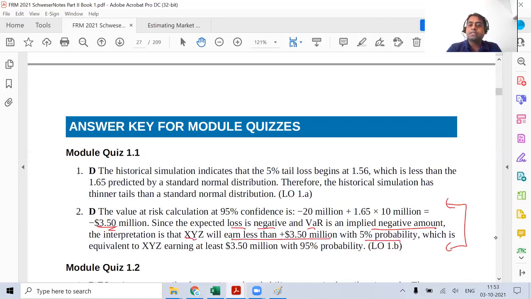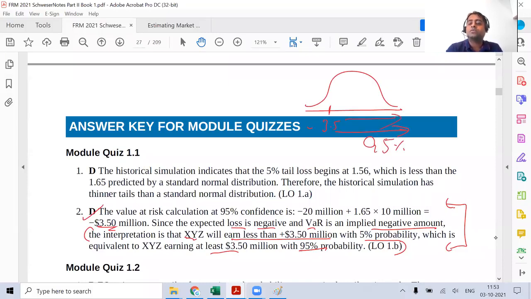Okay. So these two lines are very complicated. They have just not written it in a proper way. But the answer is D, primarily because 95% of the time it is going to be at least $3.5 million earning and greater. Because if you look at this diagram, this side is 95%.